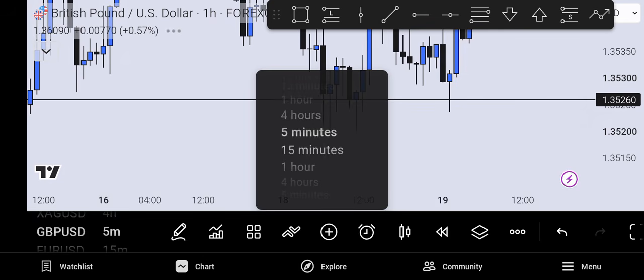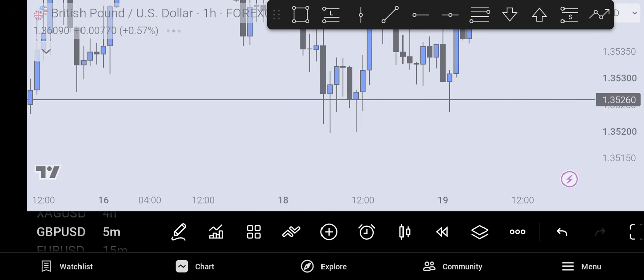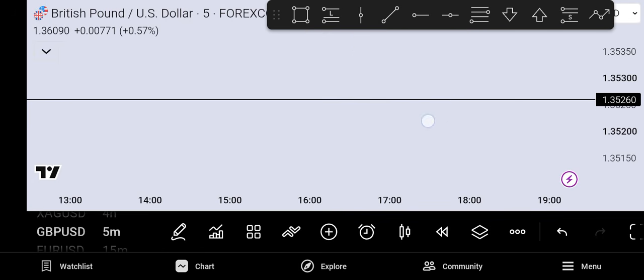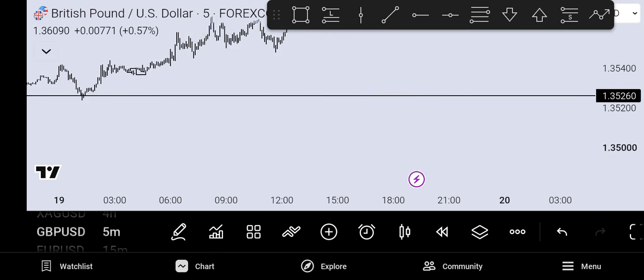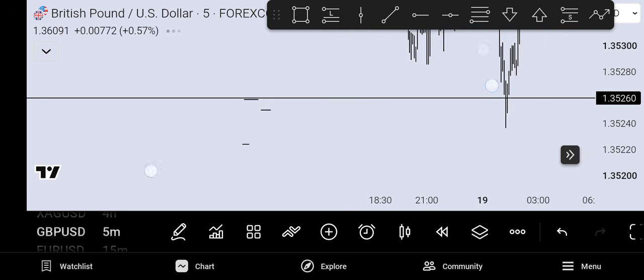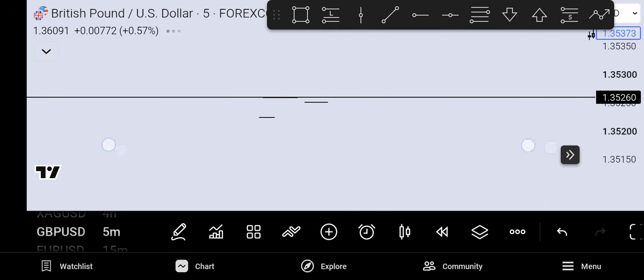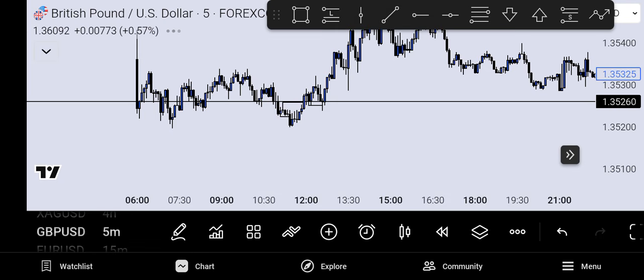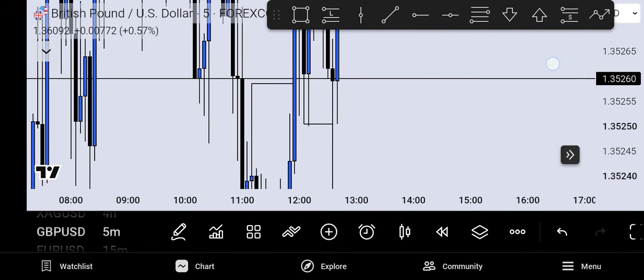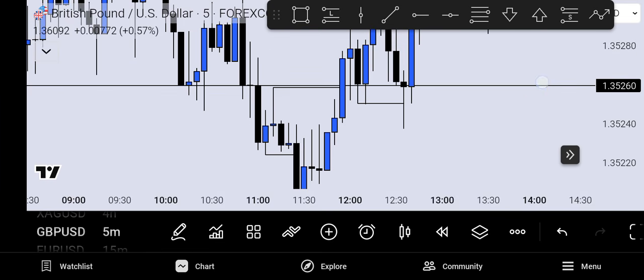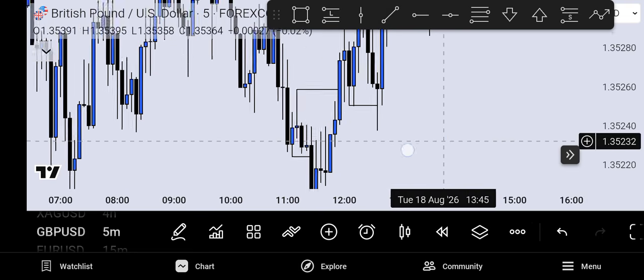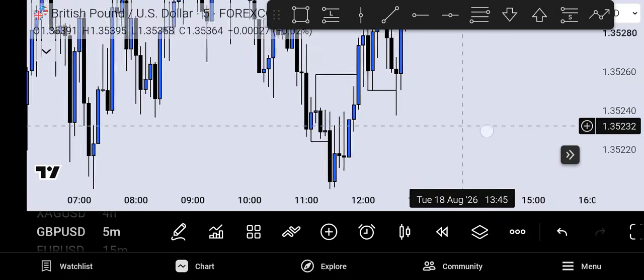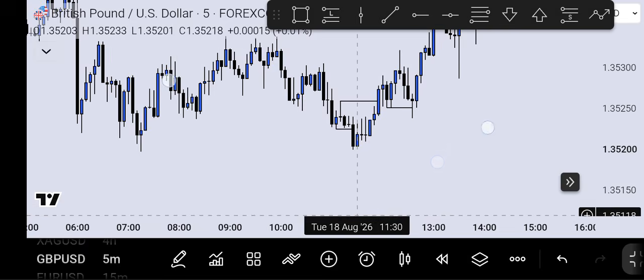So let's check it out. This is not the entry. That place you saw now was not the entry. My network is so bad. I think the entry is down on the lower time frame.